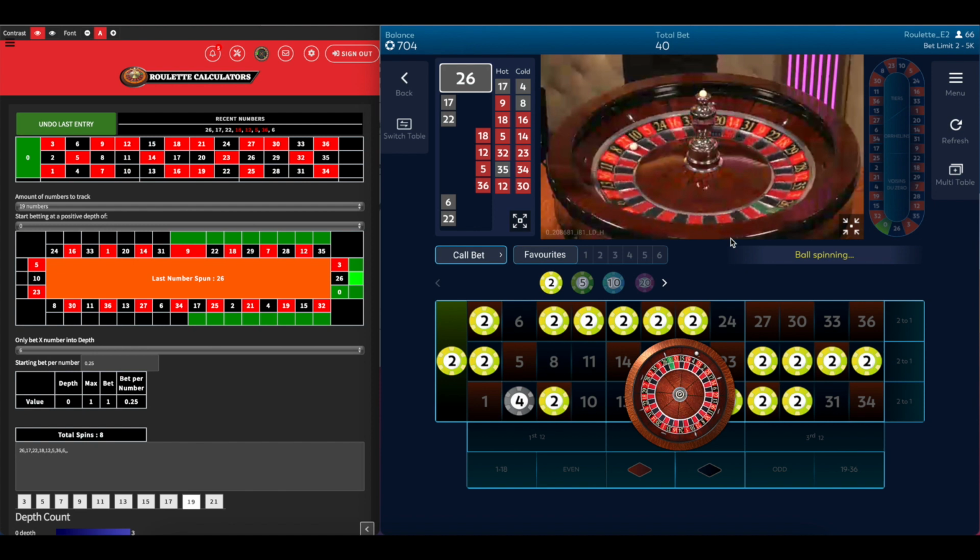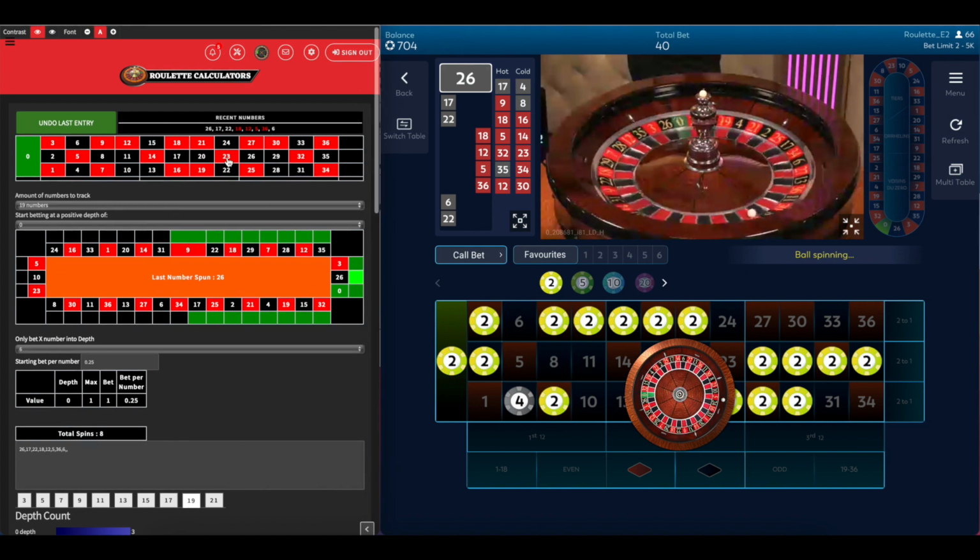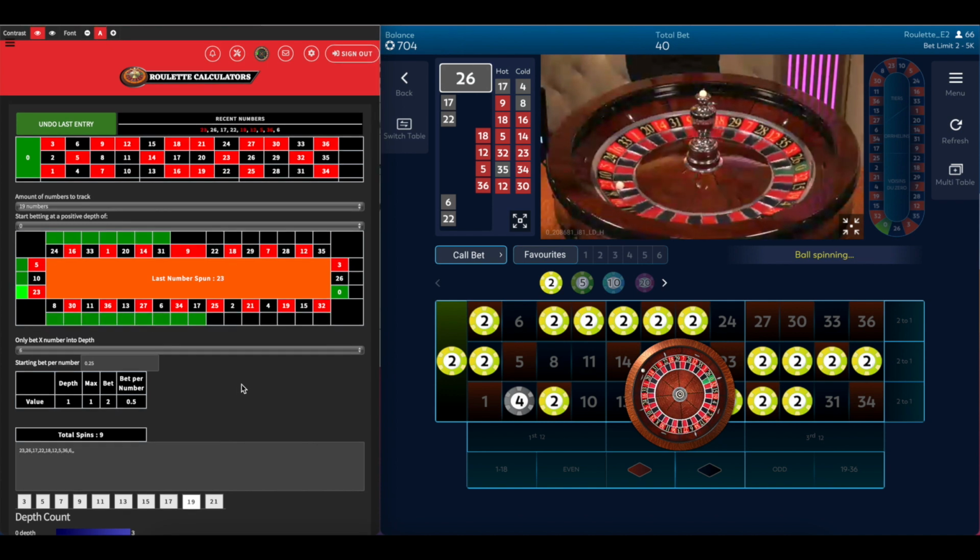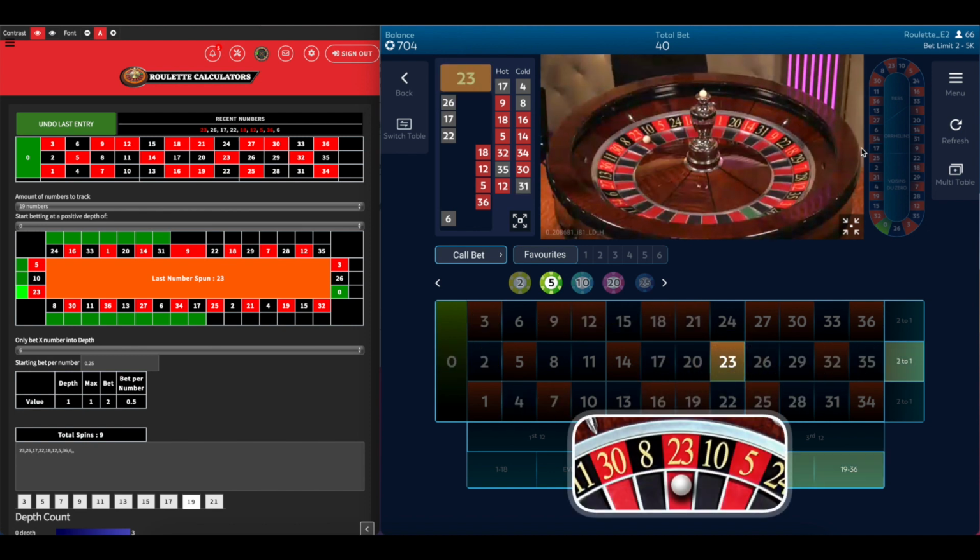Yeah, and that kind of reflected it there. 23. I'm going to put this bet on, but I'm going to watch her because I don't like the fact that she didn't spin it from the correct number. She's going to cover from 31 round.